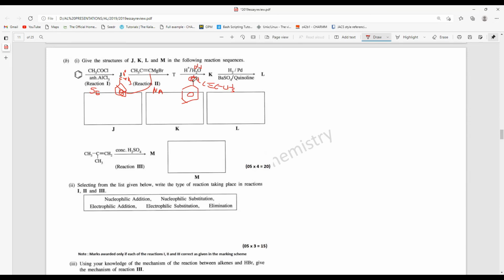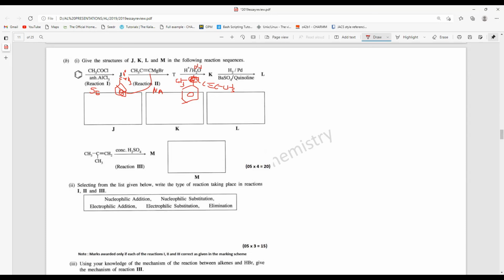And on this side, CH3CO, so this will be a CH3 group. And then palladium quinoline reduces this triple bond to a double bond.